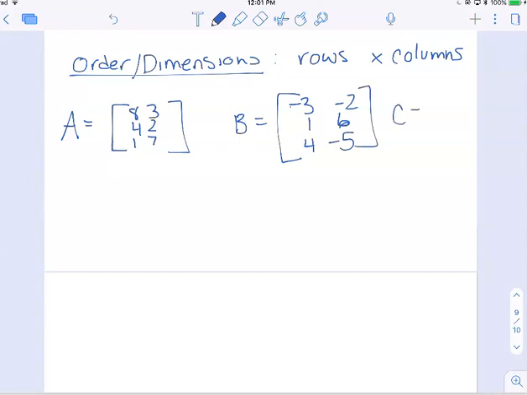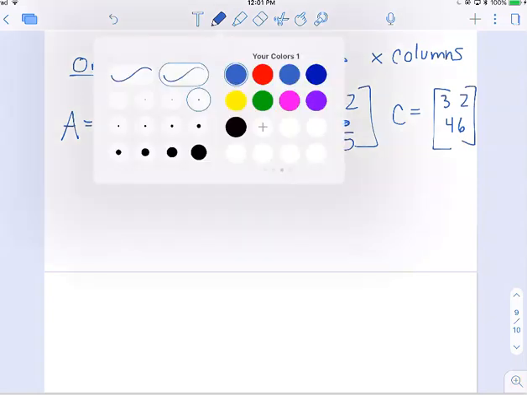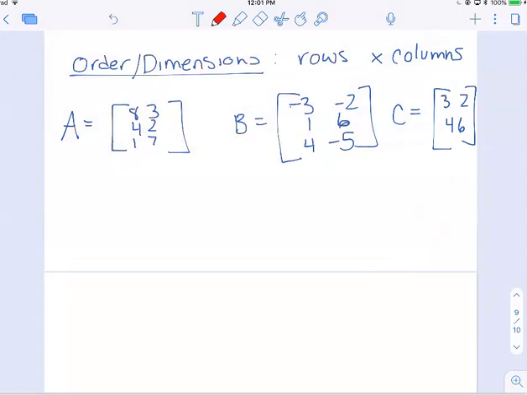And C equals 3, 2, 4, 6. So when you add or subtract matrices, they have to have the same dimensions. So if we were to list the order of the dimensions, this is a 3 by 2 matrix: 1, 2, 3. This is a 3 by 2 matrix. This one is a 2 by 2. So the only ones we could add together are A and B.